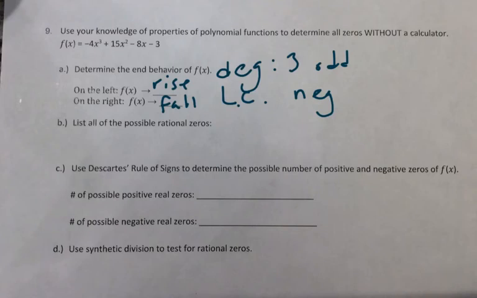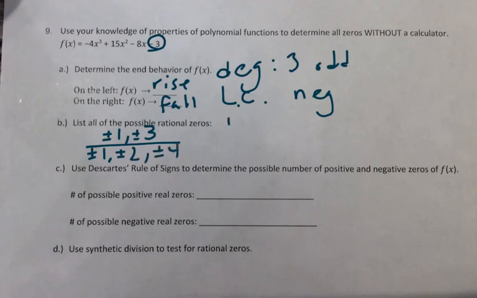Now, we want to list all possible rational zeros, so we're going to take our factors of negative 3, which is going to be positive or negative 1, positive and negative 3, and those are going to be our numerators, the factors of the constant term. Then we're going to put those over the factors of the leading coefficient, which is negative 4. So the factors of that are going to be positive and negative 1, positive and negative 2, positive or negative 4.